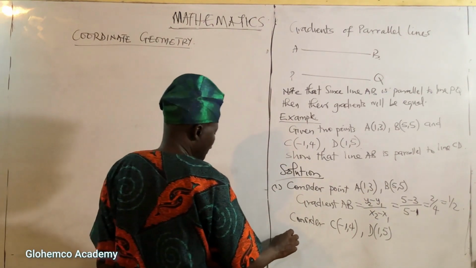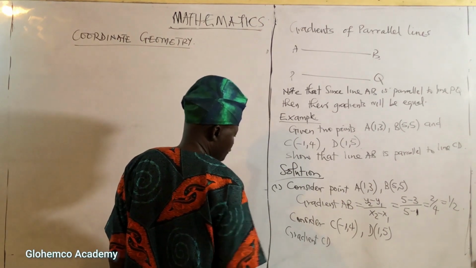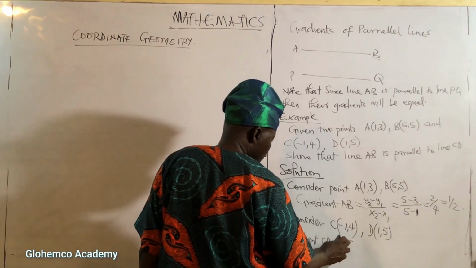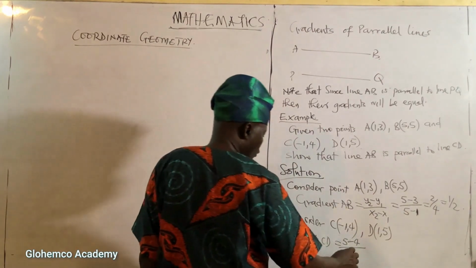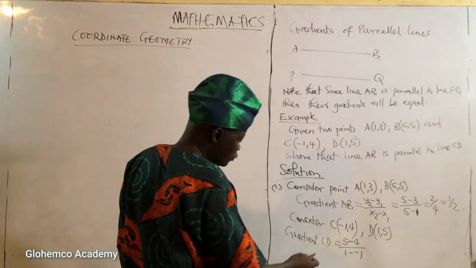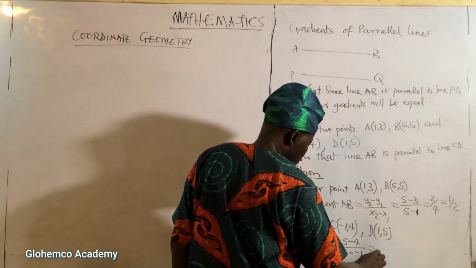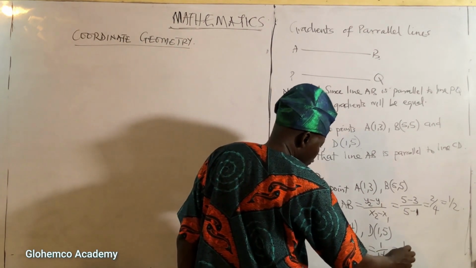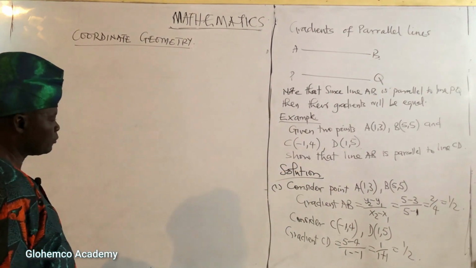If we are to find the gradient of CD, it will be 5 minus 4 over 1 minus minus 1, because of this negative 1. So it will be 1 plus 1. So 5 minus 4 is 1, all over 1 plus 1. So this gives us 1 all over 2.